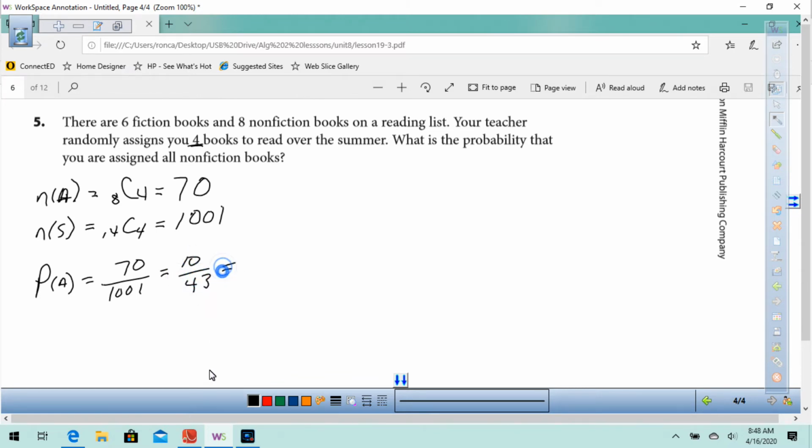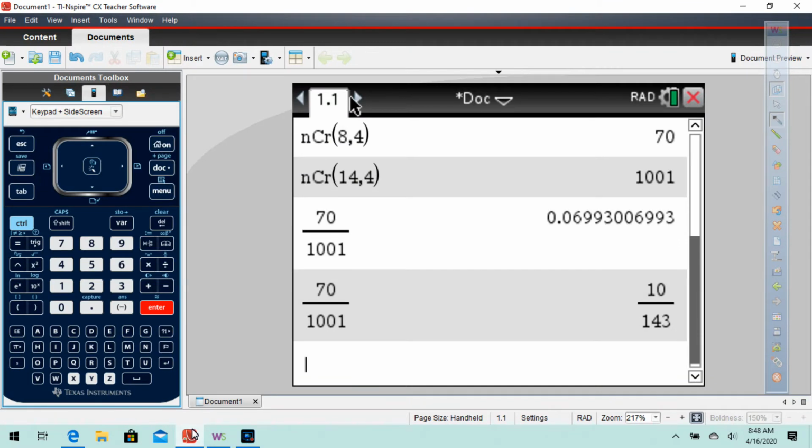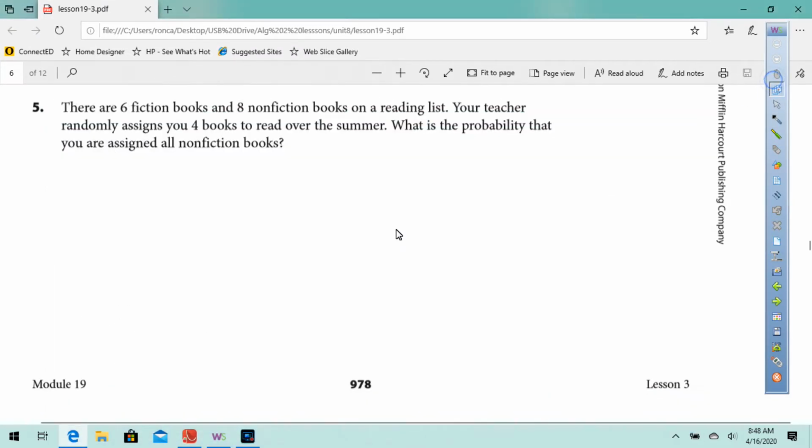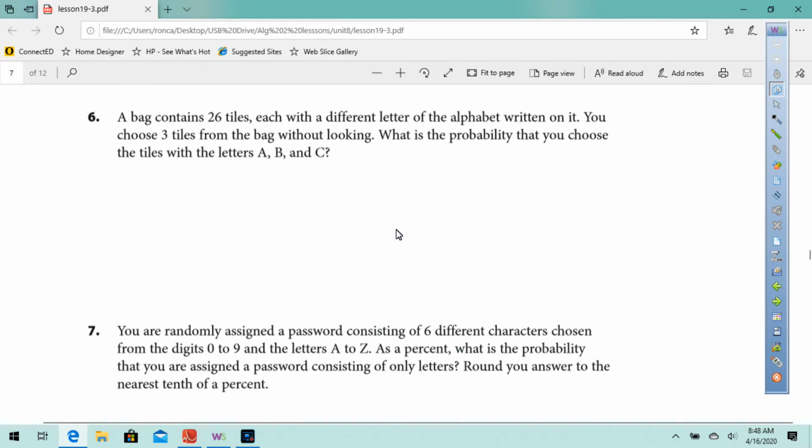And really probability would be done as a decimal, 0.07. All right, that would be the actual. That's usually the way it's stated, not as a fraction. It can be, but it's not usually done as a fraction.